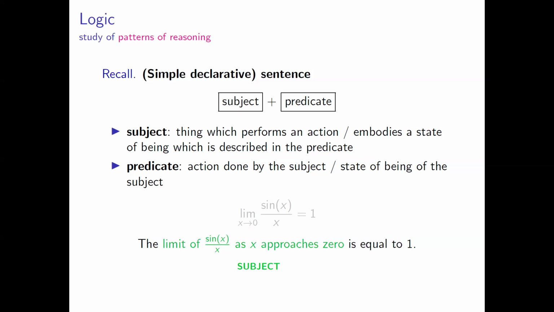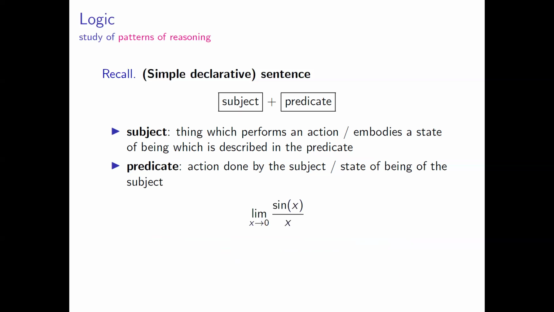It is the thing which embodies the state of being that is described in the predicate. The words is equal to 1 make up the predicate. It describes a state of being, namely equality to 1 of the subject limit of sine x as x approaches 0. Hence, this is a complete declarative sentence.